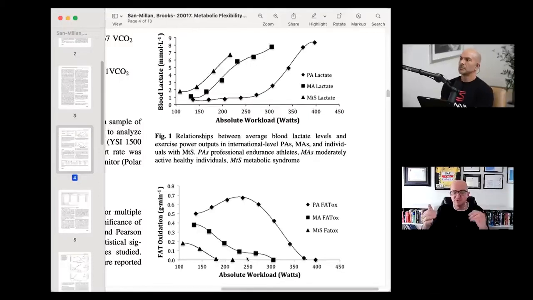Therefore, you're not going to incur the second step, which is exporting it to the blood. When you have a poorer mitochondrial function, that capacity is going to get saturated at a lower power output, and therefore you're going to be forced to export that to the blood.